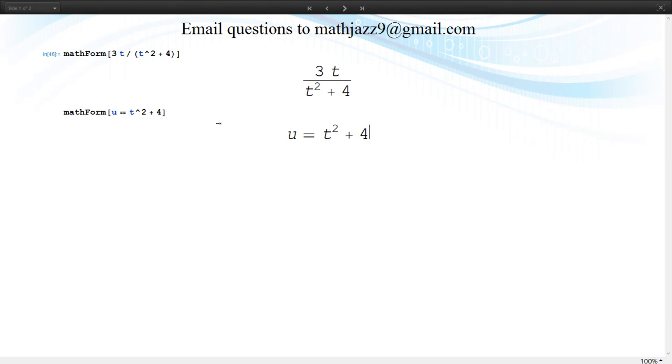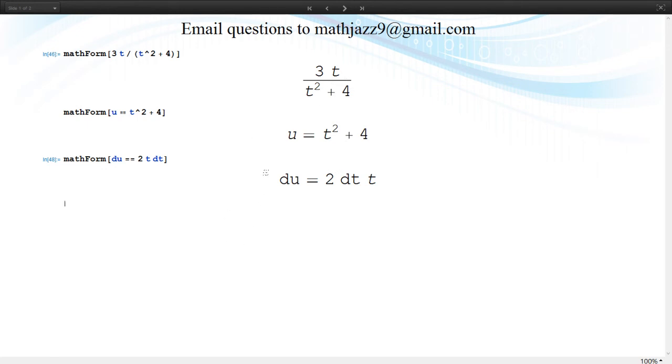Okay, so from here, after we let u equal t squared plus 4, we find the derivative of u, or u prime, is equal to 2t t prime, or I guess du is equal to 2t dt. The t should be on the other side. Anyway, so from here, we can substitute.